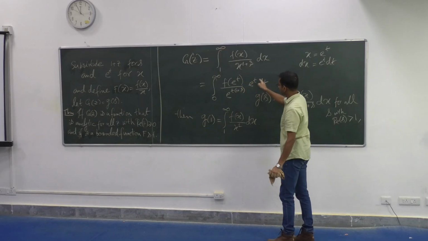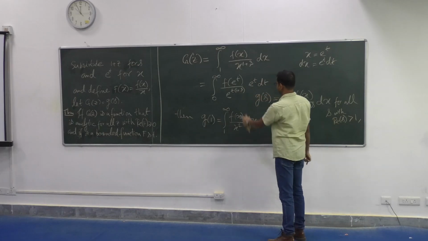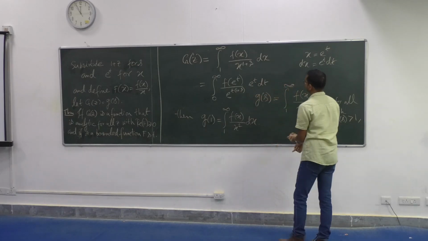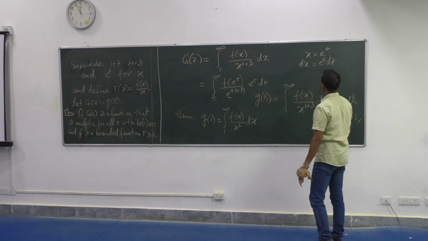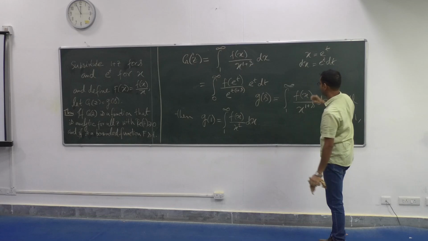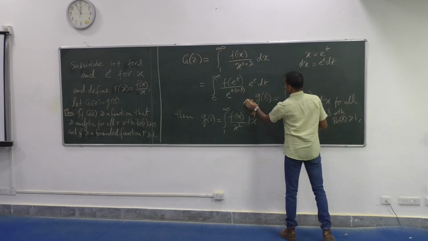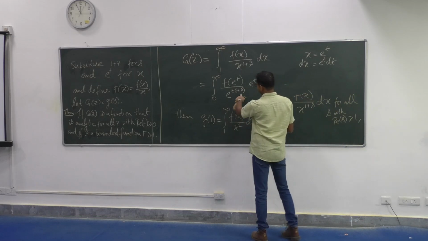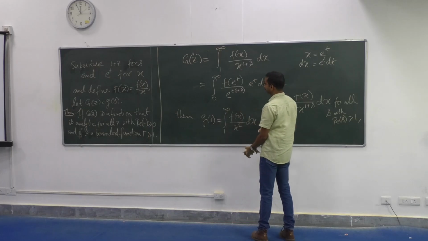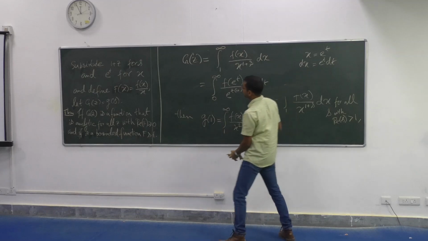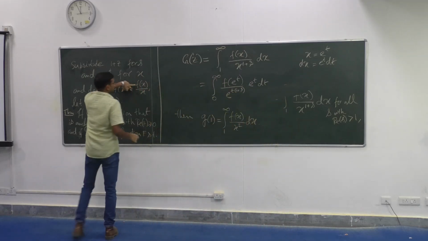Okay. e^t gets cancelled with e^t there. e^t remains there. f of x by x is f of x.